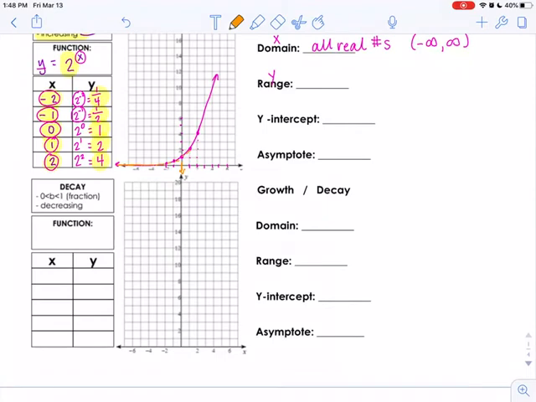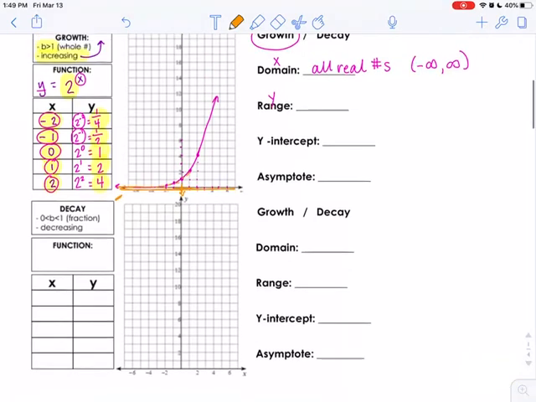And so it appears that the larger a negative x value we plug in, we're going to get smaller and smaller and closer and closer to this y equals 0 line, but it's never actually going to touch that line. So what that means is this pink graph is never going to go below that line.